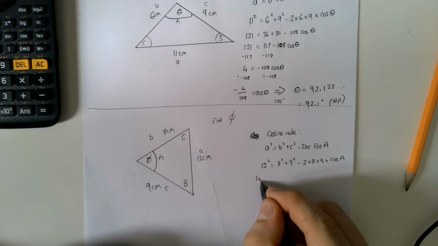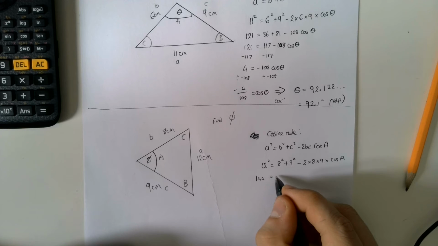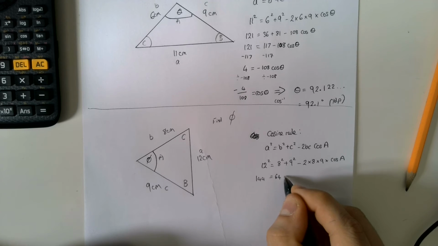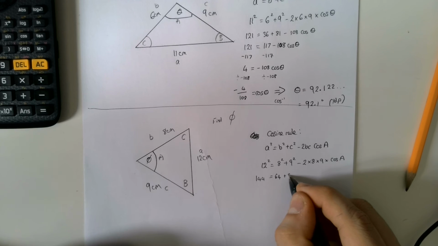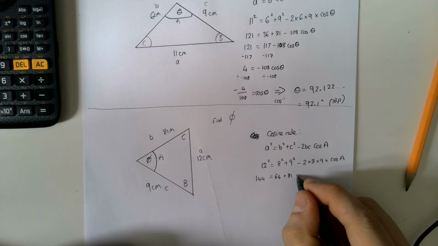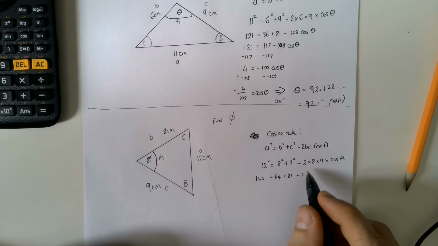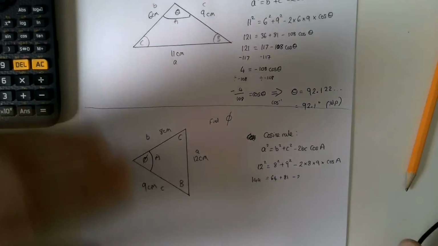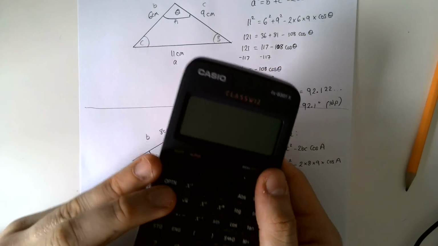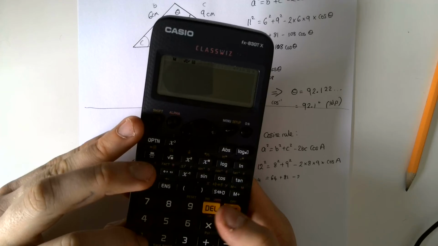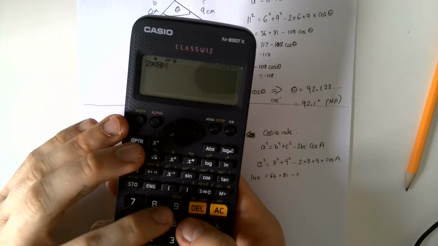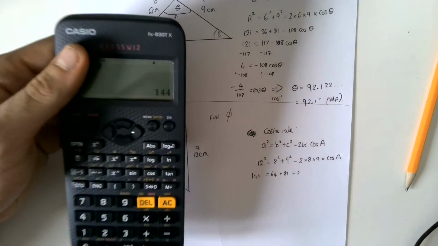12 squared is 144. 8 squared is 64. 9 squared is 81. And I'm taking away 2 times 8 times 9. So again, I've done quite a lot of mental maths already. I think that's going to be 154 though. Let's just double check. Sorry, 144.